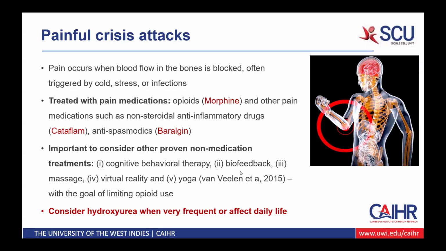So when these pain attacks become very frequent or when they get to the stage that they are really affecting your daily life, you want to consider using hydroxyurea because that has been proven to decrease the frequency of these attacks.